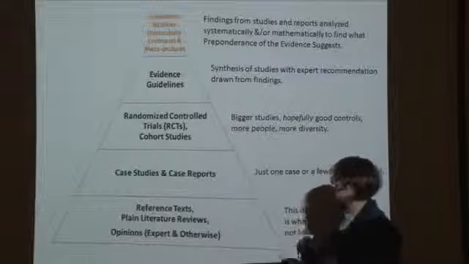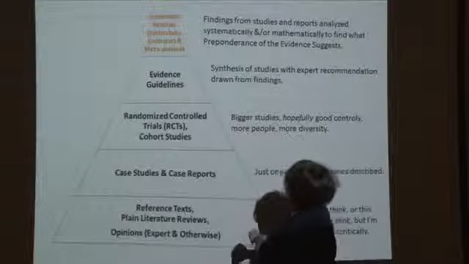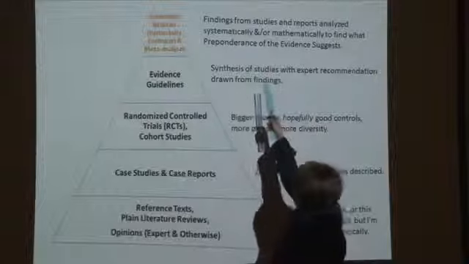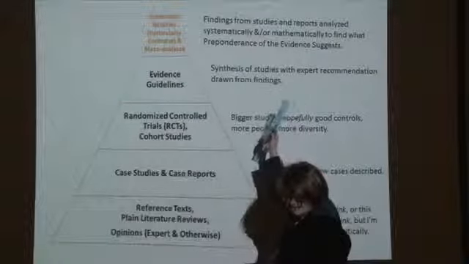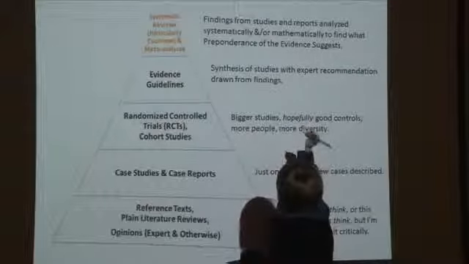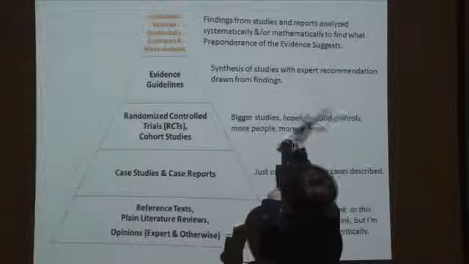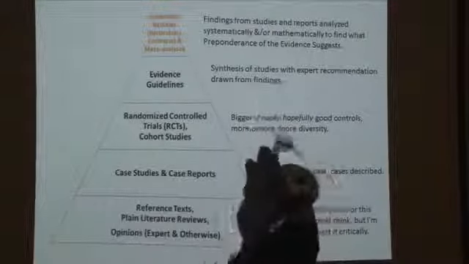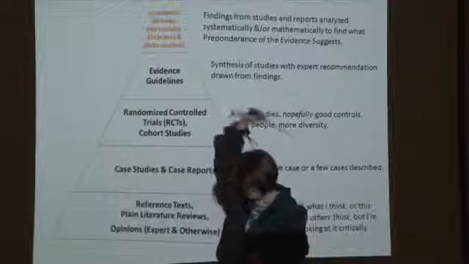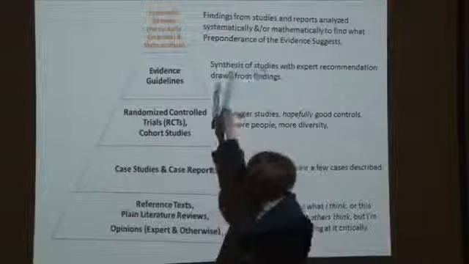And they look at this data so critically. And they take that data and they either systematically and or mathematically, because often you will have both in the same thing, and they look for what the preponderance of the evidence suggests. Now notice I'm saying suggested, not proven, but the preponderance thereof.